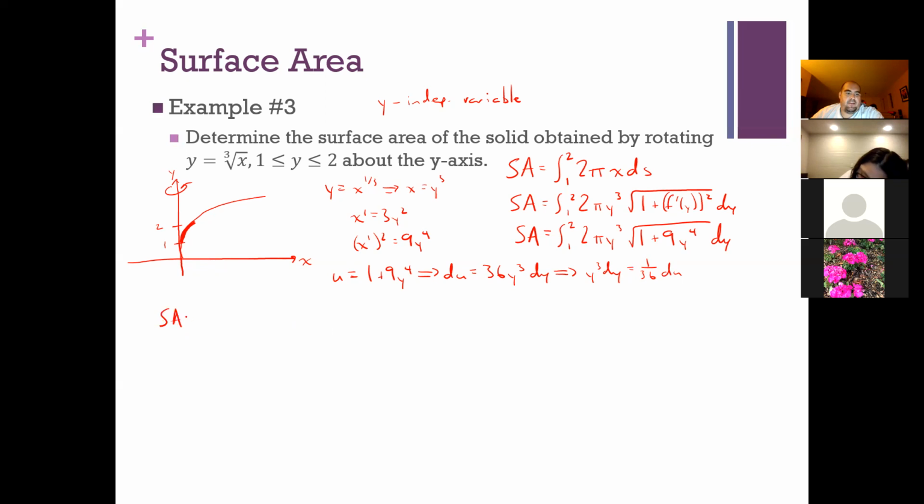So if I rewrite this integral in terms of u now, the limits are going to be from 10 to, I think, 145. I think 9 times 16 is 144.